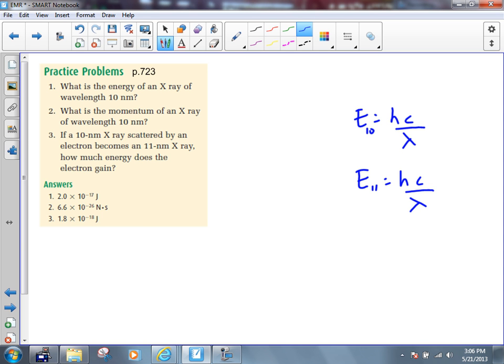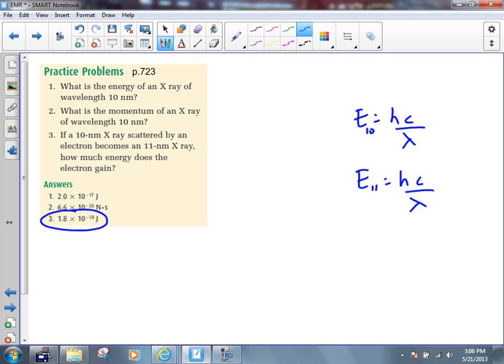But if the photon loses this much energy, then how much energy did the electron gain? Same, right? So if we solve for the energy lost by the photon, it will be the same value. It will be 1.8 times 10 to the minus 18, the same as the energy gained by the electron. If there's only two things in the mix here, photon and the electron, one loses energy, the other's got to gain the same amount of energy.